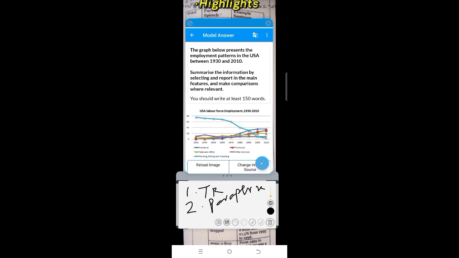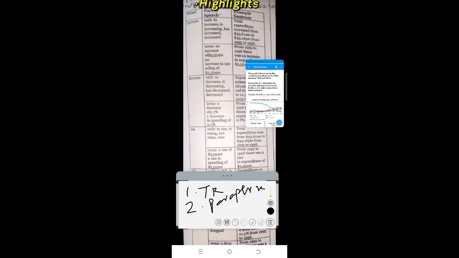You can write the graph shows, or depicts, or represents, or illustrates the employment patterns in the USA between the years 1930 and 2010. So this is what we call paraphrasing.